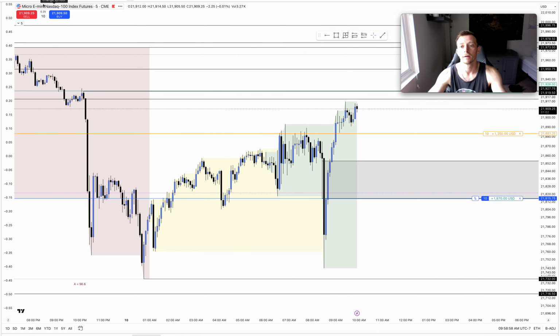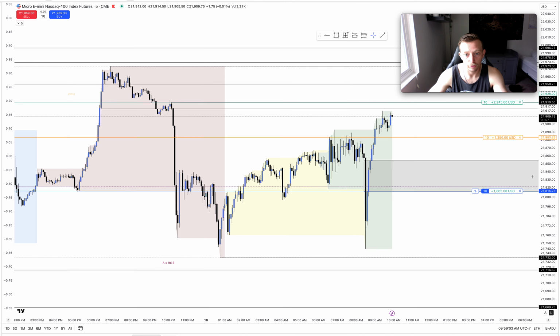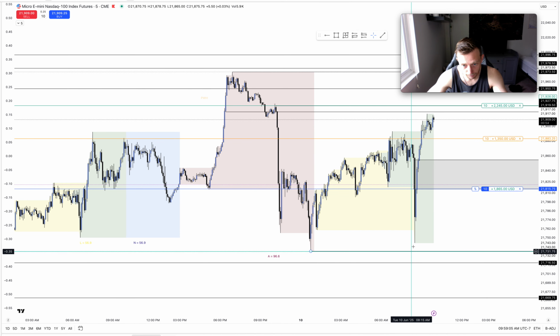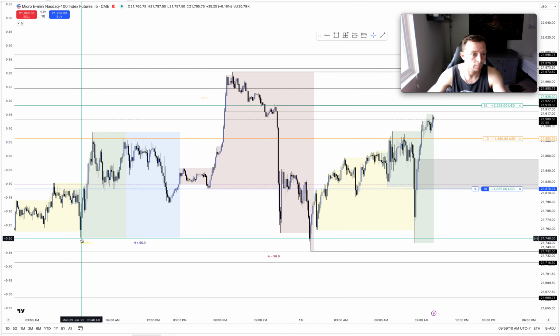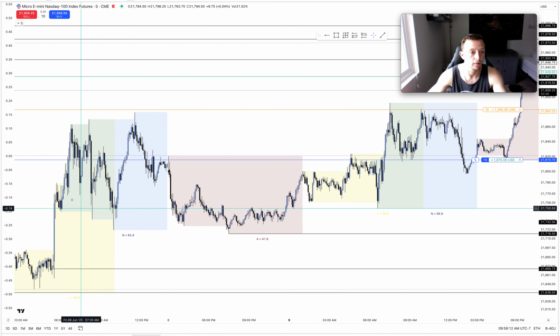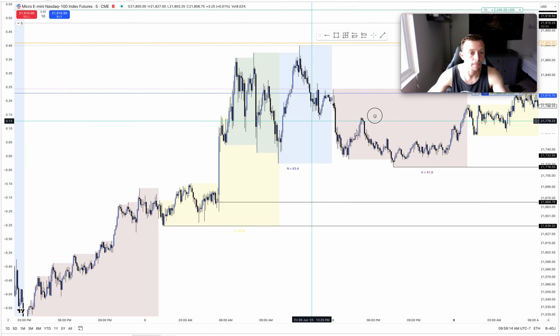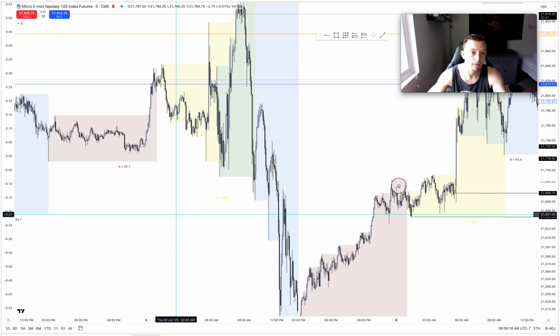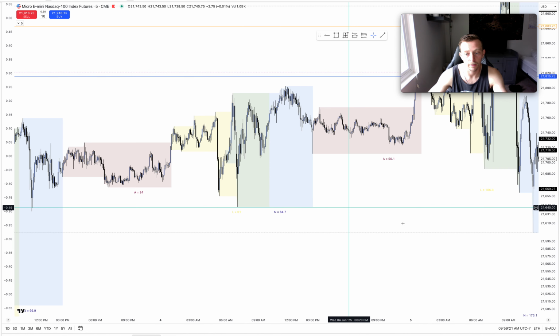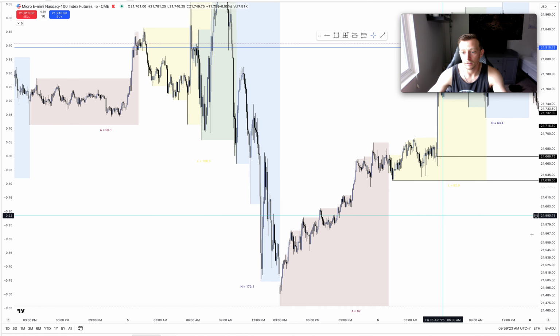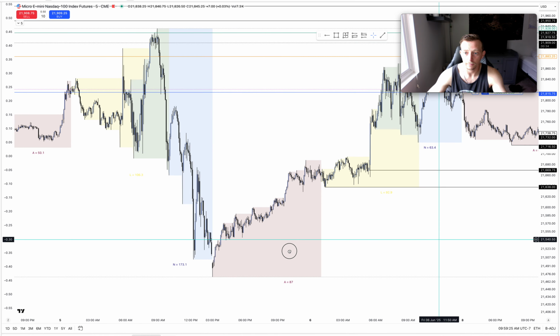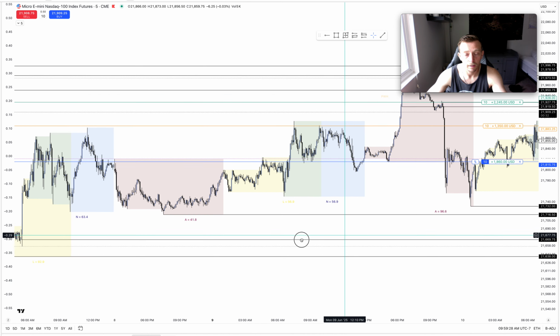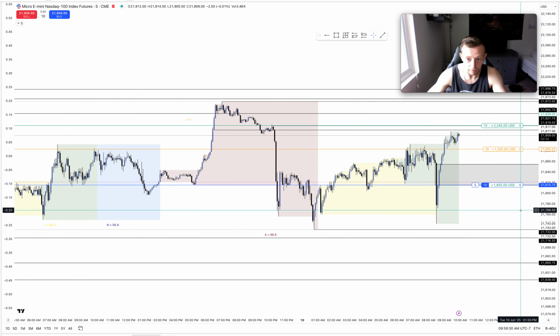But in the mornings, once price breaks down to the low right here, it bounces and comes back up every single time. Boom, down below, bounces back up. Green, down below, bounces back up. Green down below, bounces back up. And here, green down below, bounces back up. So that's like the morning manipulation, and I kind of knew that was already going to happen.